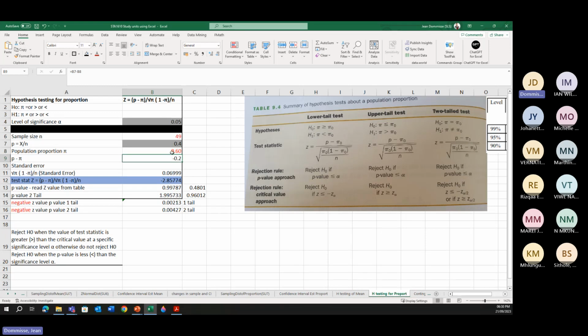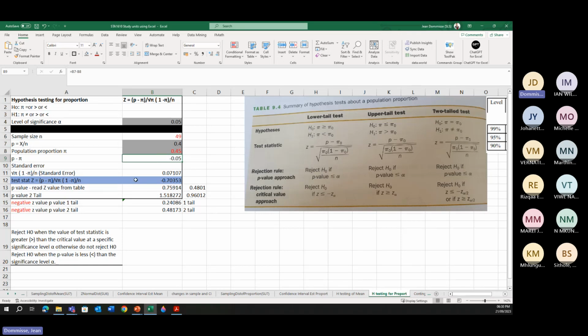The sample proportion was 0.45. Again, those were things that we actually needed to put in. And so if we need to calculate the Z, we will be able to do that.